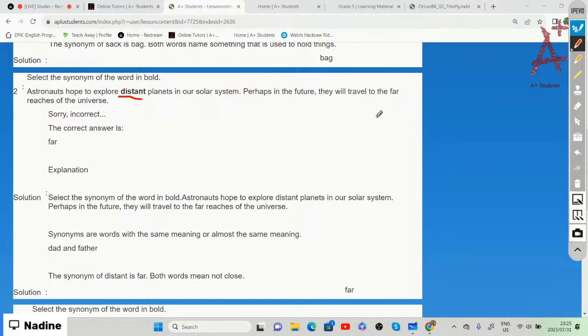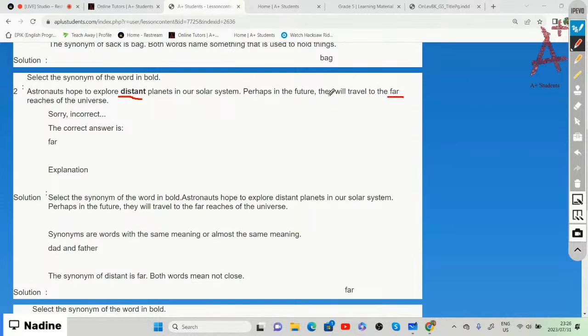All right, so they're saying astronauts hope to explore distant planets in our solar system. Perhaps in the future, they will travel to the far reaches of the universe. So the synonym of distant means far, because if something is in the distance, then it is far.